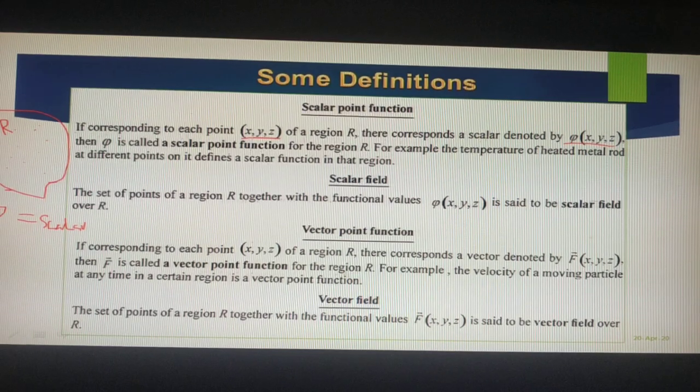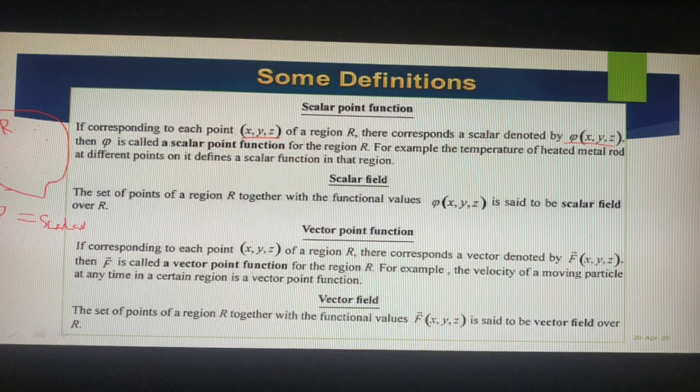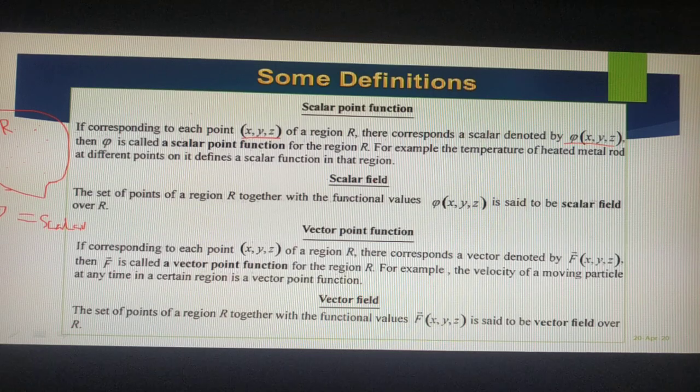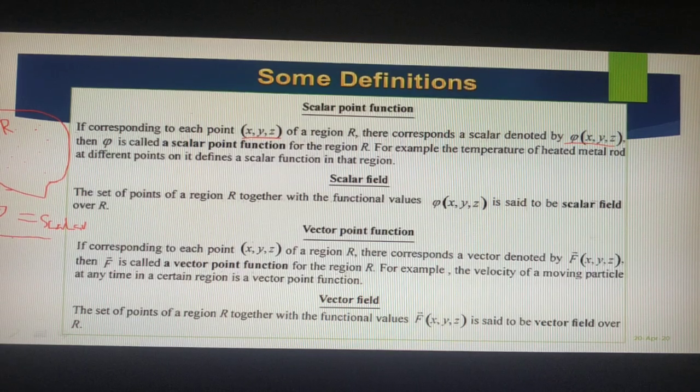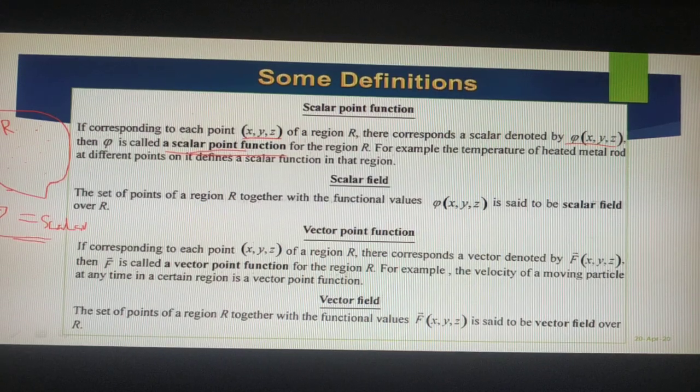So that means I have some phi of xyz as x square plus y square plus z square. If I send some point like 1, 1, 1, I will get 3. So that 3 is a scalar value. This function we can call a scalar point function.